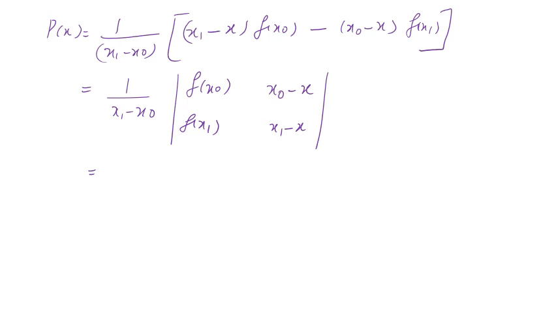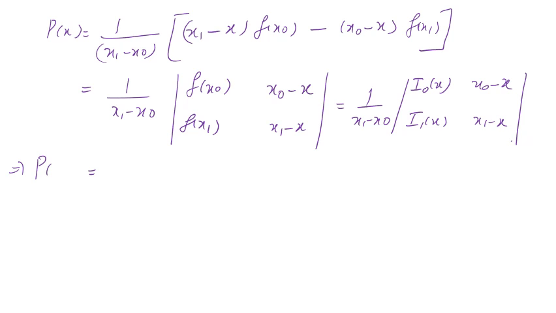I will write one more step. The notation for f of x0 is taken as I0x, with x0 minus x, and this is taken as I1x, with x1 minus x.